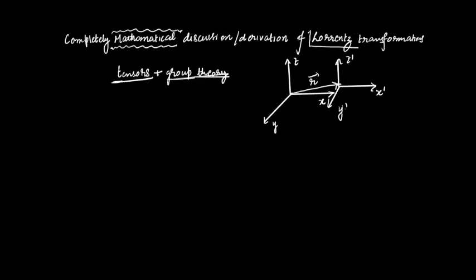Okay, so now if you assume that the o prime coordinate system, this is o, so o prime is moving at a velocity of v in the x direction, then the Lorentz transformation can be written as x prime is equal to (x minus vt) over the square root of 1 minus v squared over c squared, y prime is equal to y, z prime is equal to z, and of course t prime is equal to (t minus vx over c squared) over the square root of 1 minus v squared over c squared. Now this is not a video of studying the Lorentz transformations themselves. Okay, this is a video of deriving them.